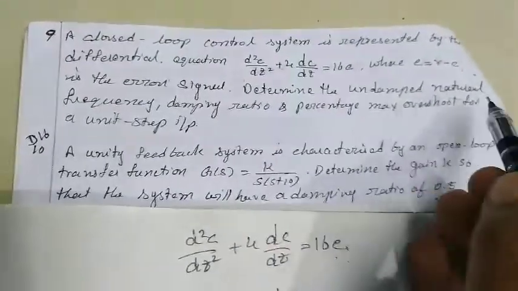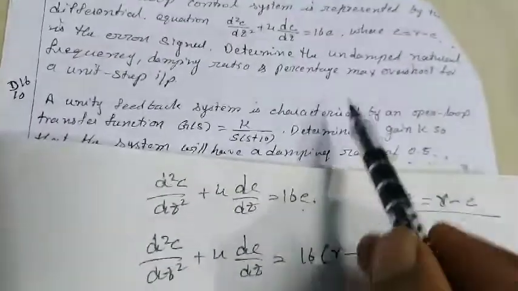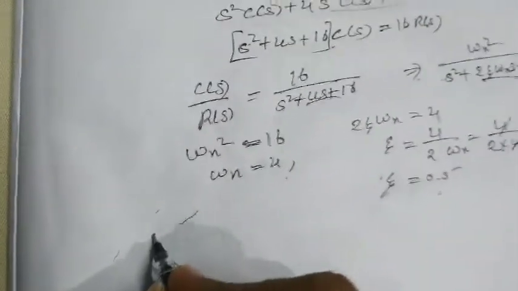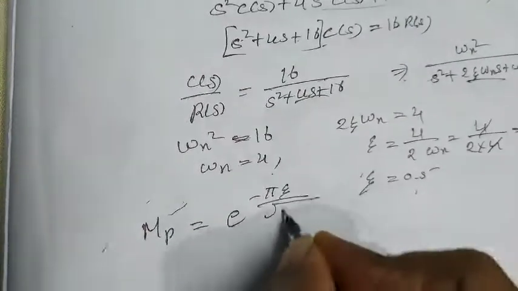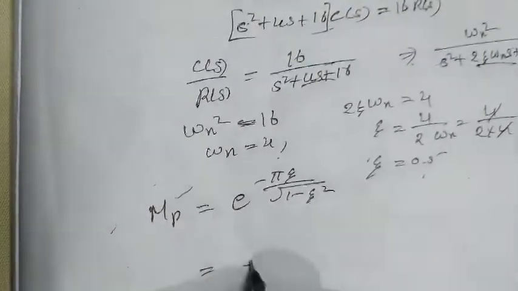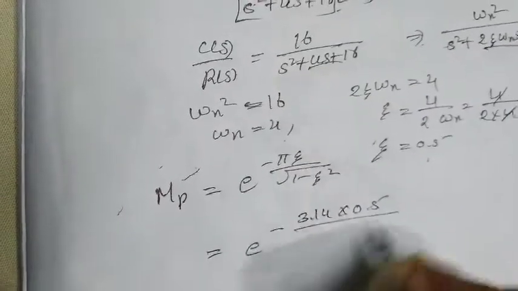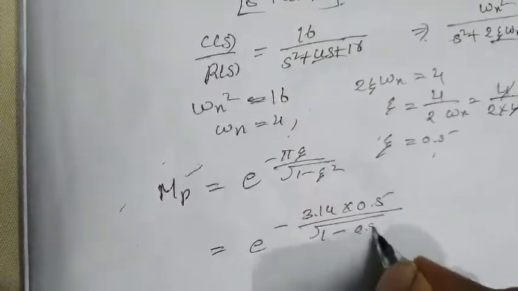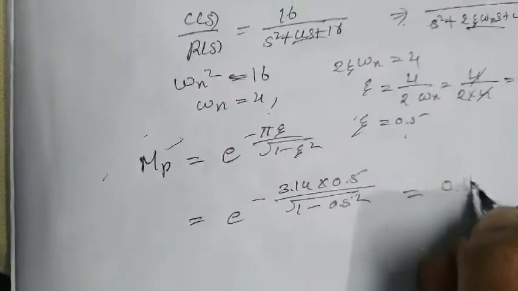Now he is asking you to find the natural frequency and damping ratio. Omega n we got 4, and damping ratio we got 0.5. Now he is asking the maximum peak overshoot. The formula for maximum peak overshoot is Mp is equal to e power minus pi zeta by under root 1 minus zeta square. Substituting in this, minus pi 3.14, zeta 0.5, divided by under root 1 minus 0.5 whole square, this value I'll get 0.165.